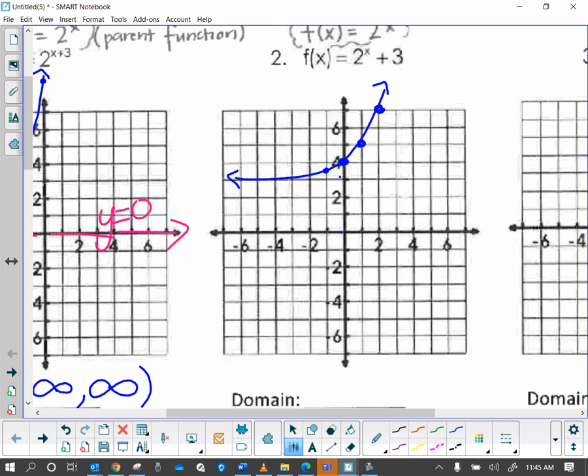I'm going to go ahead and draw the asymptote. What is the equation for that line that I just drew? What y value is it going through? 1, 2, 3. So this equation is y equals 3. If it's a horizontal line, remember it's y equals whatever y value it goes through.